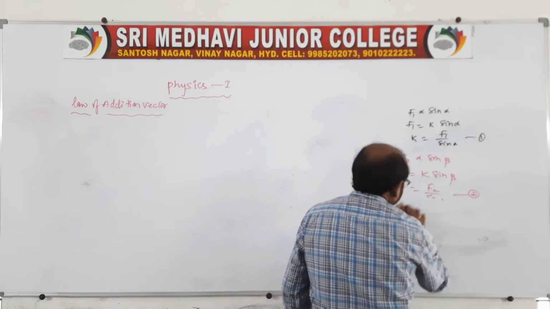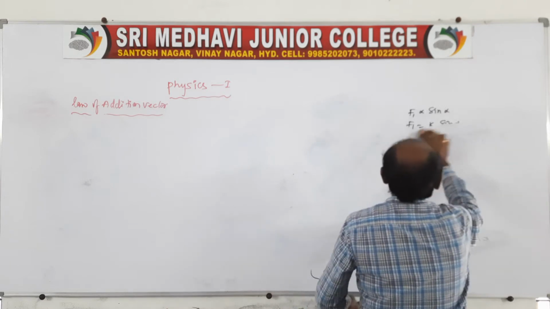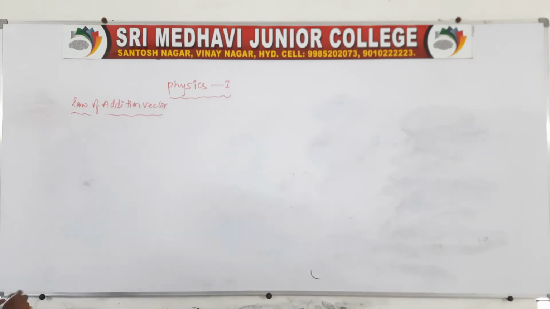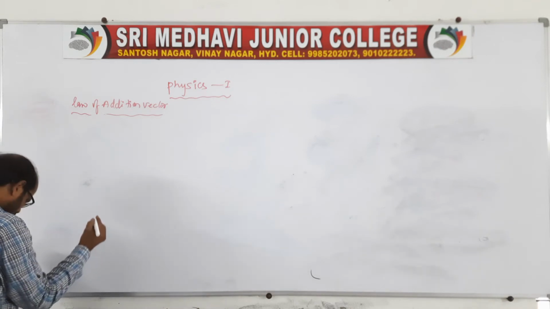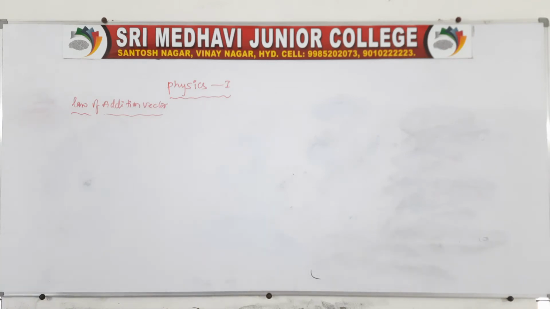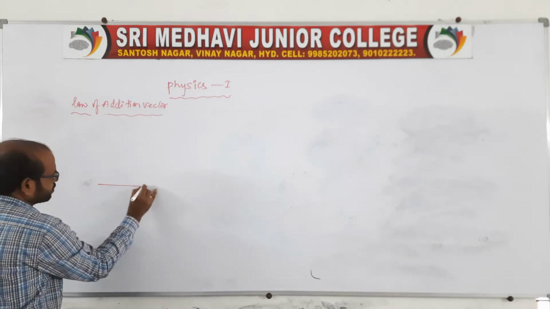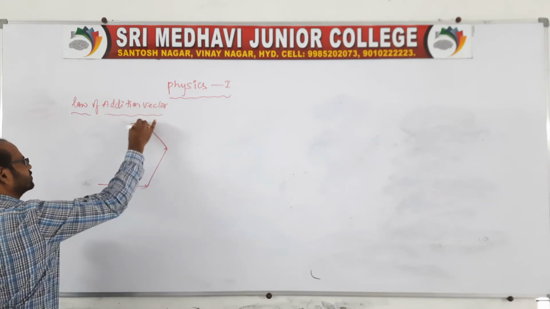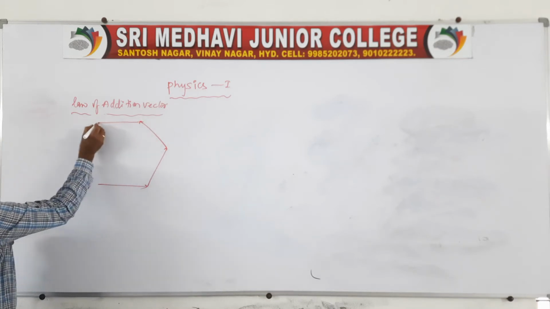So if you take a number of vectors which are formed in a closed polygon, there must be a closing side. Here you take a number of vectors: one vector, second vector, this is the third vector, and here is a fourth vector.